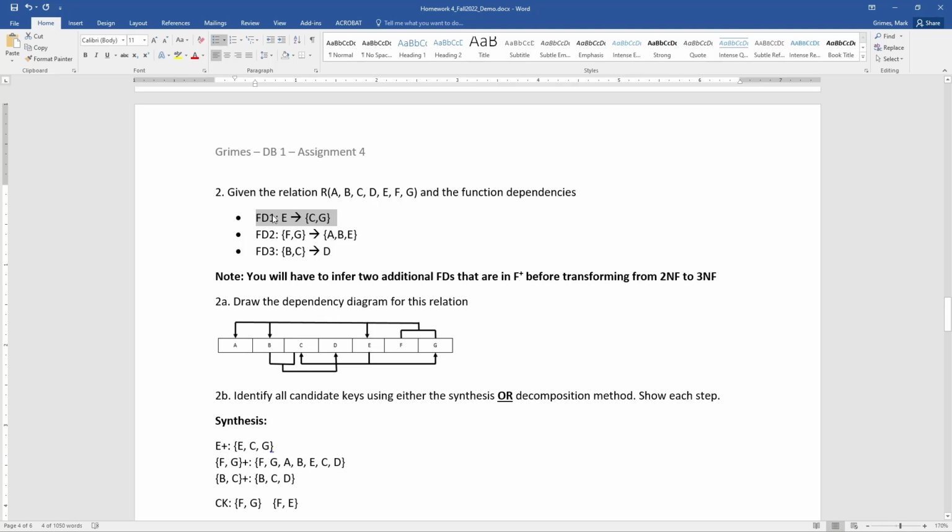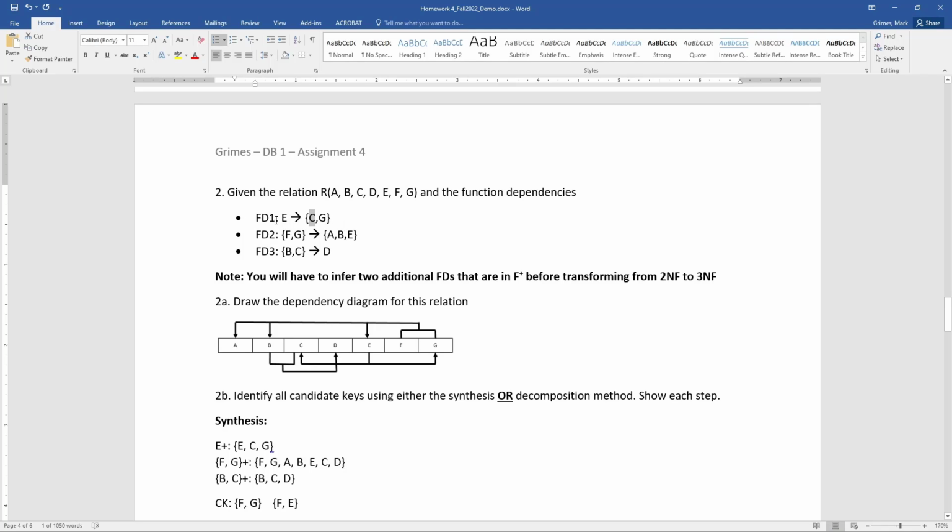Functional dependency 1, E determines C and G. E determines G is actually totally okay because G is a key attribute. A key attribute functionally determining another key attribute is not a second normal form violation. C, on the other hand, is a non-key attribute. So E functionally determines C is going to be a problem we need to resolve.